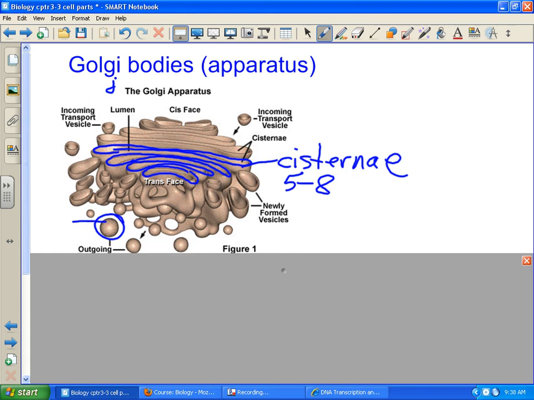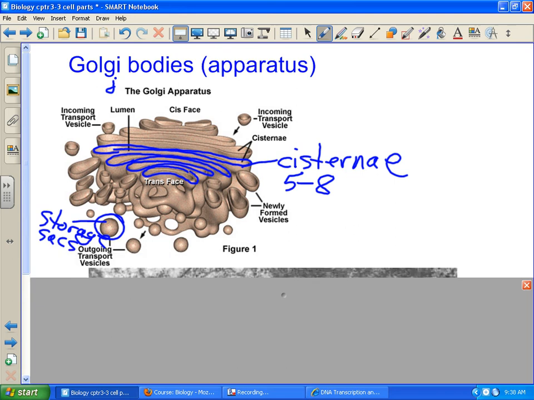Vesicles, which is the next one down, so we're going to do both of these at the same time. Make sure you're catching this. Vesicles, which is right below the Golgi, are storage sacs. It's like a container. You'll see newly formed vesicles and incoming transport vesicles.